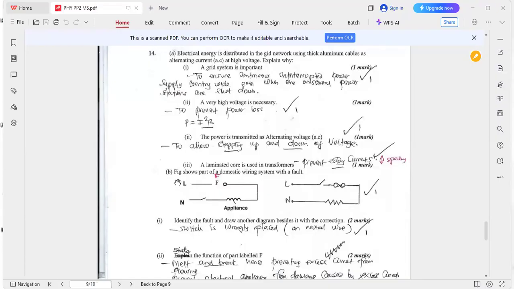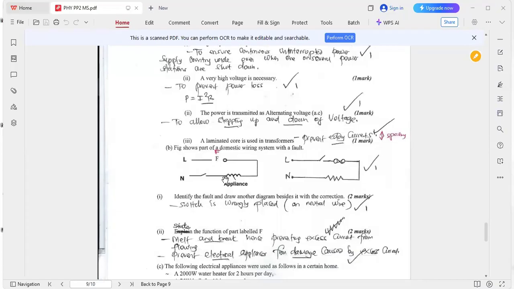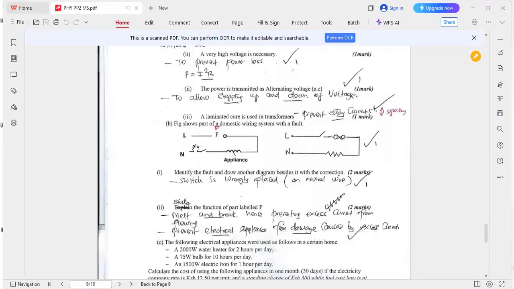B, the figure shows part of a domestic wiring system with a fault. So we have the connection here. I think this was a fuse, it's only that something happened during printing, but this is a fuse. Identify the fault and draw another diagram beside it with a correction.